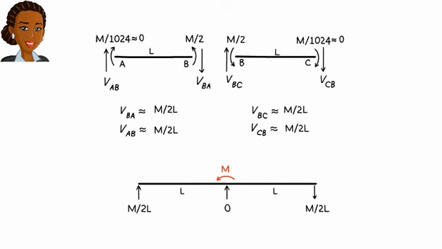Now that we have a better understanding of the mathematical basis of the moment distribution method, we can apply the technique procedurally to analyze indeterminate beams and frames. We'll continue this discussion in the next lecture.